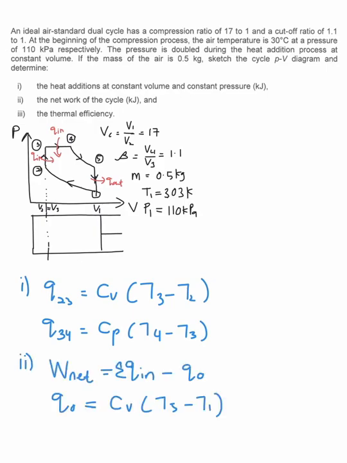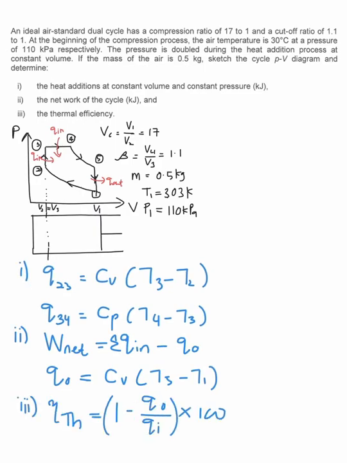Next you need to find the net work of the cycle, which can be found from Q in minus Q out, and because you have two processes of heat addition, it is going to be a summation over here, and your heat rejection is in the exhaust process, which is between 5 and 1. And finally you need to find your thermal efficiency, where you have this equation. So you just plug in what you have obtained in Q in and Q out.